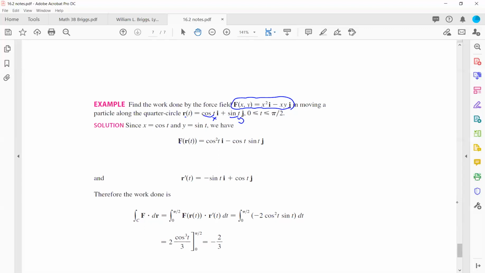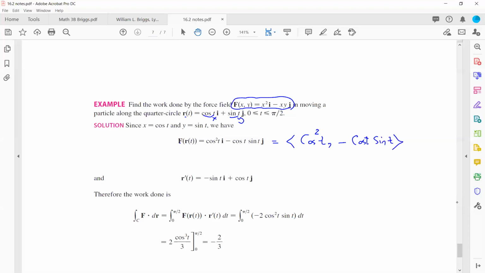Your y is equal to sine t, so cosine times sine is the second scalar function with respect to t. So here you have a vector: the first component is cosine squared, and the second component is negative cosine t sine t.